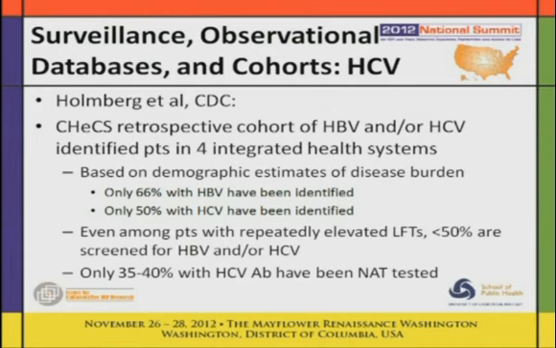So that comes back to how important provider education is going to be. We can't just issue recommendations. And then even when individuals in this setting had HCV antibody testing, again, only about 35 to 40% of those had the follow-up nucleic acid testing.